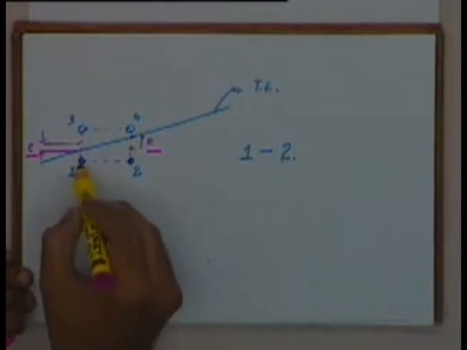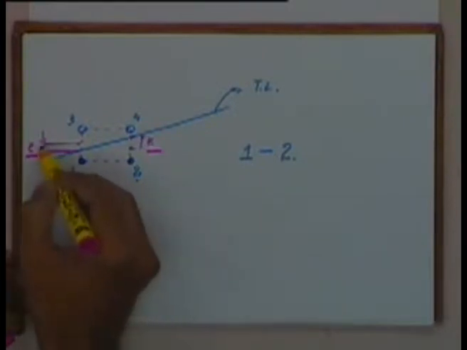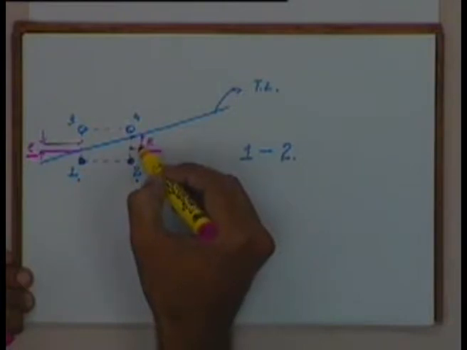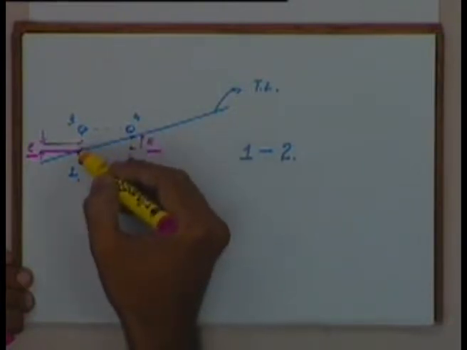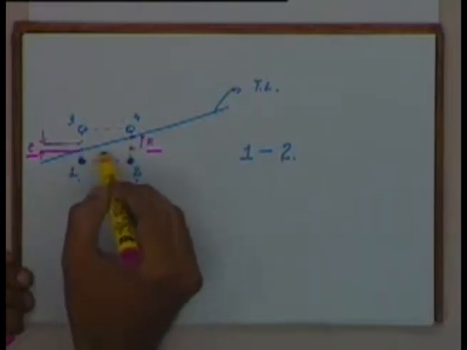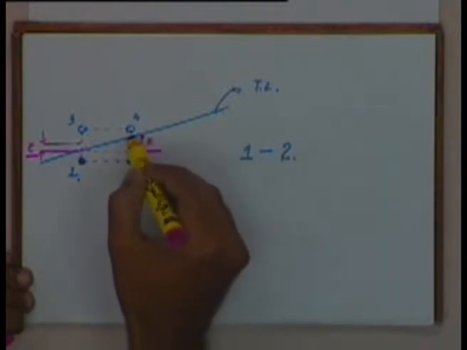So what we say is, as we move from this pixel to this pixel, the error is changing from this magnitude to this magnitude. And how much will be the difference in the two errors? The difference between these two errors will be equal to the slope of the line, because the line has moved up by this much.